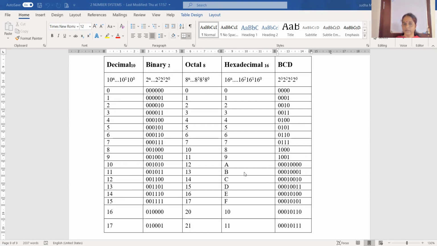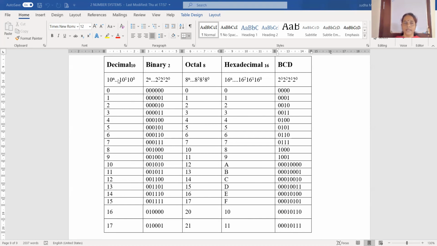For the next one, we write 4 more bits. Likewise, the representation continues. This is how we can write the different number systems: decimal, binary, octal, hexadecimal, and BCD.